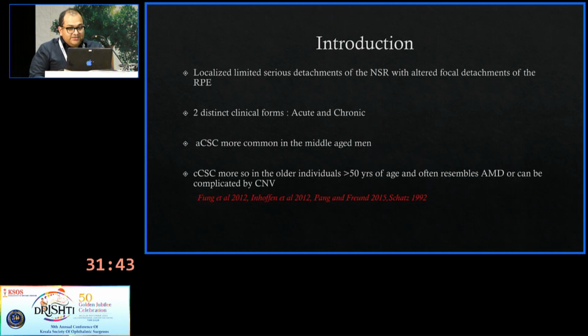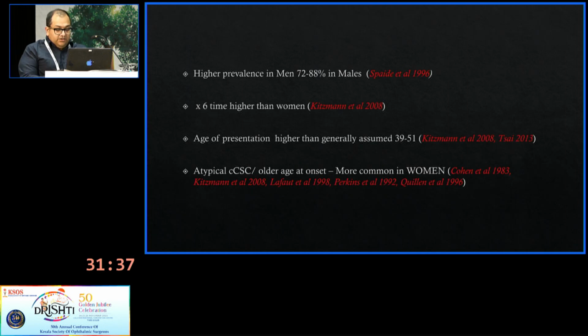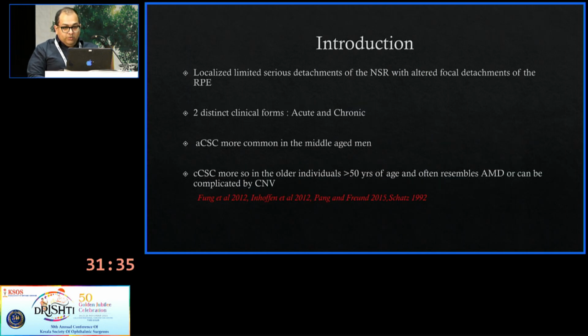So coming to a rough introduction to CSR, it's a localized serous detachment of the posterior pole, with focal detachments of the RPE, usually seen in two clinical forms, acute and chronic. Acute, by definition, is of less than 3 to 4 months of duration, and anything more than that is variably called chronic CSR.